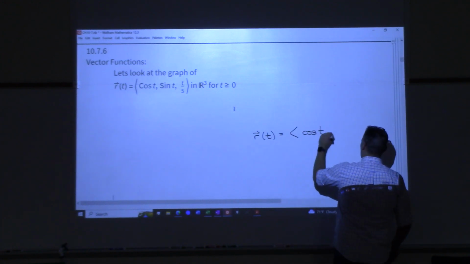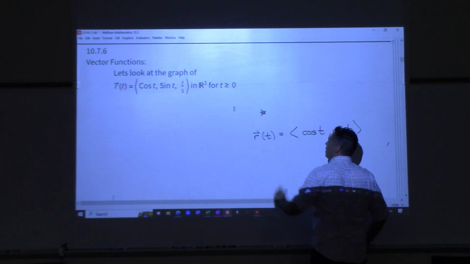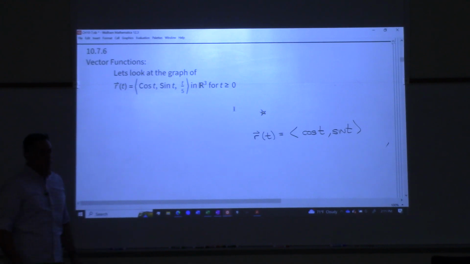This is such an important vector function. Put a star next to this because this is a really big one in this class. Look at that vector function. If you start at t equals 0 and then let t grow, you can think of this as spitting out points on the unit circle.